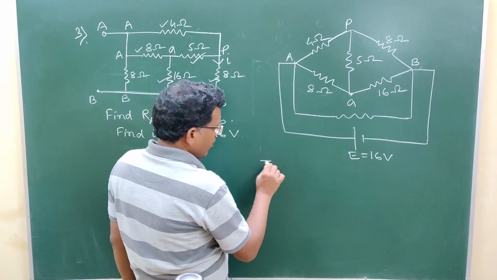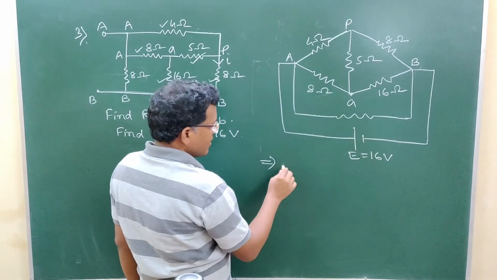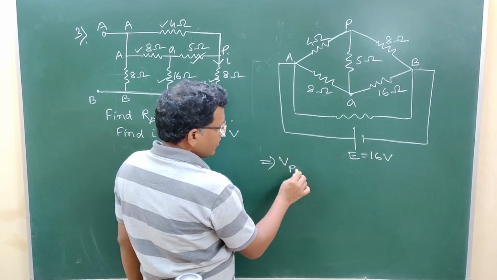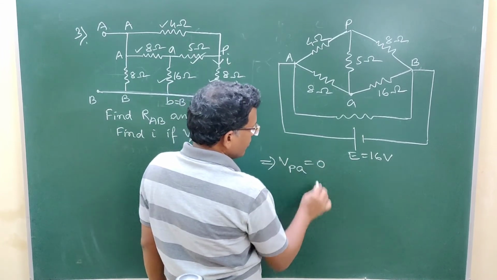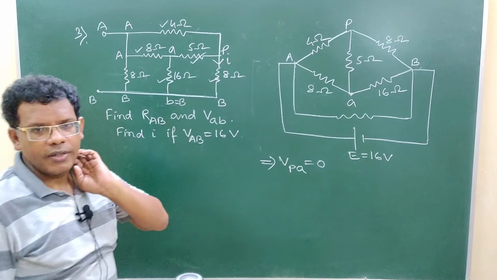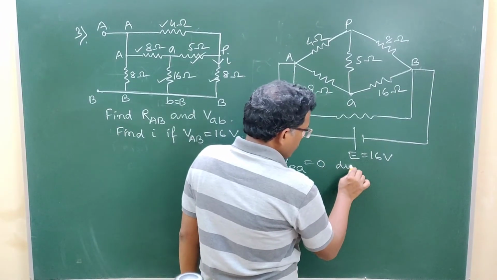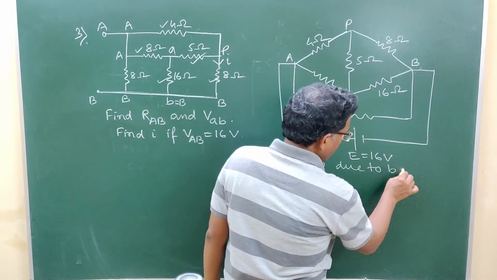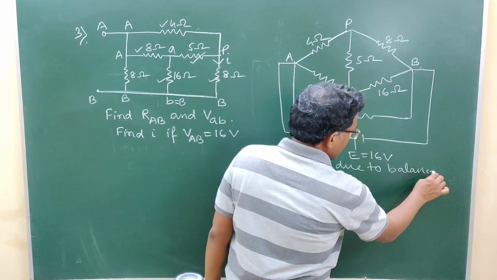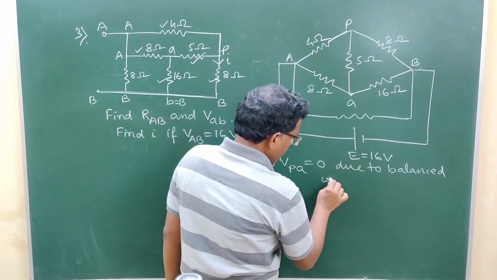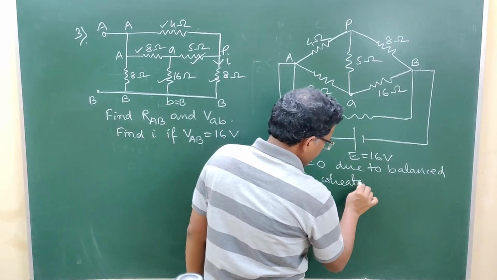That does mean according to the structure we can say potential difference between P and A must be 0, due to balanced Wheatstone bridge arrangement.